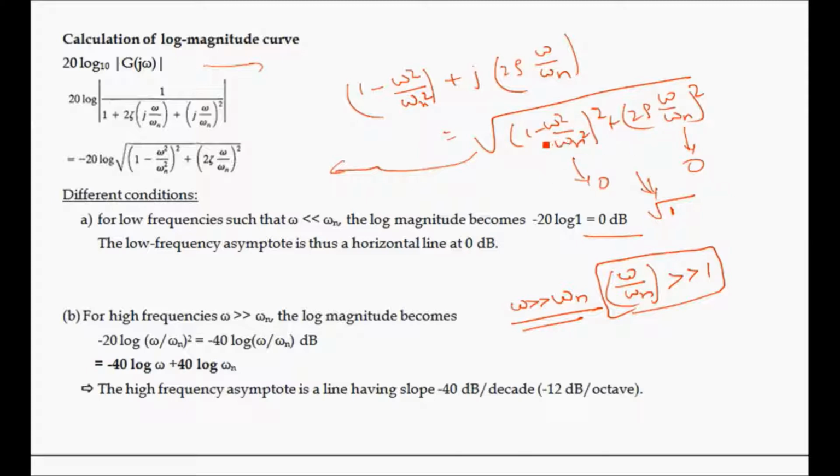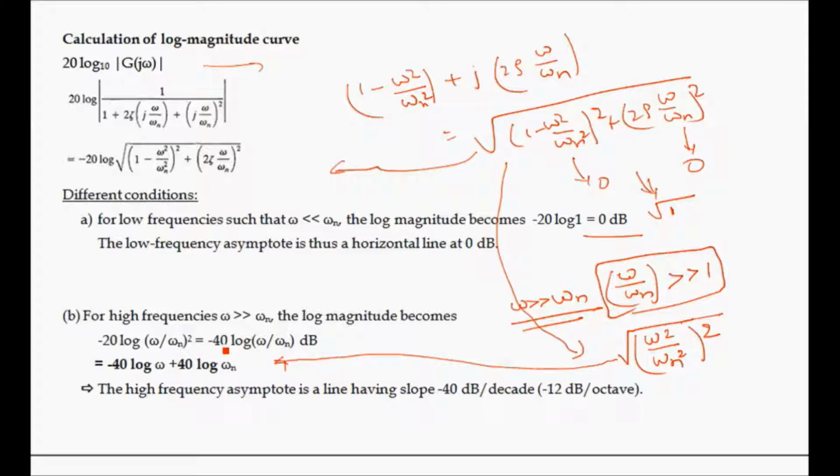So under the condition omega greater than omega n, this equation will be changed to the square root of omega square divided by omega n square, whole square under the square root. So this equation will be changed into this form: minus 20 log of omega divided by omega n, squared.